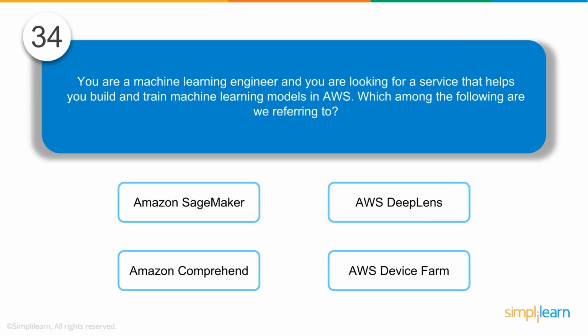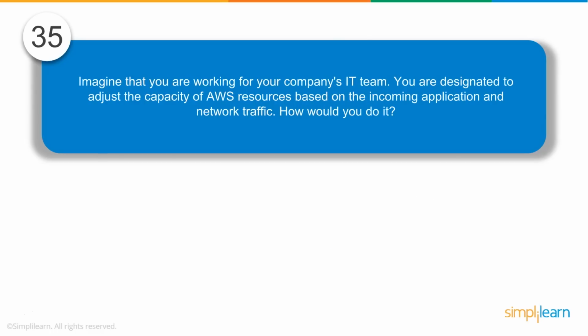Or is it a monitoring service? Is it a developer service? Stuff like that. So get that information, get those details before you attend an interview, and that should really help you to face such questions with great confidence. So the answer is Amazon SageMaker, because that's the one that provides developers and data scientists the ability to build, train, and deploy machine learning models as quickly as possible.